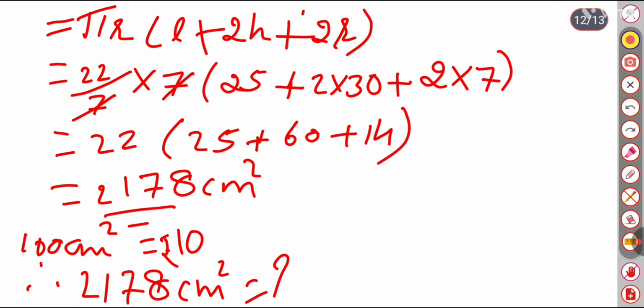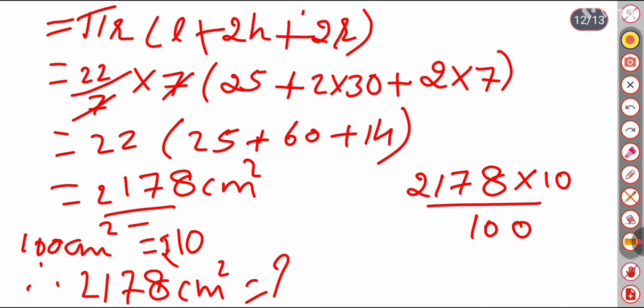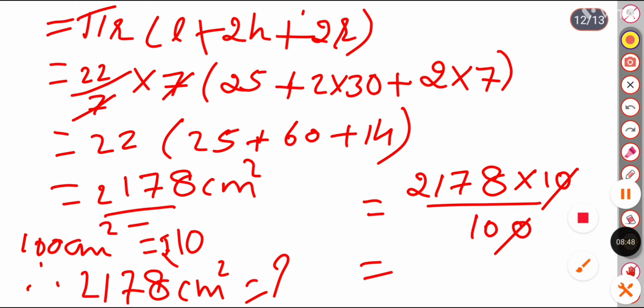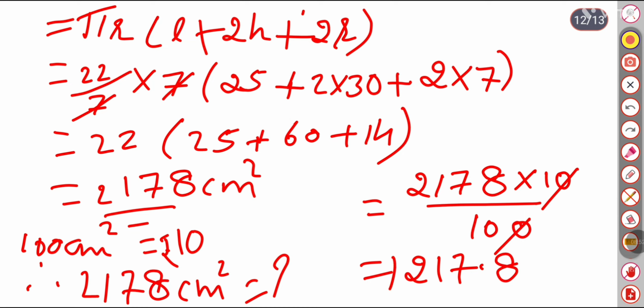If we cross multiply, 2178 into 10 by 100 is equal to, the 0 cancels, so 217.8 rupees. 217.8 rupees for painting that solid.